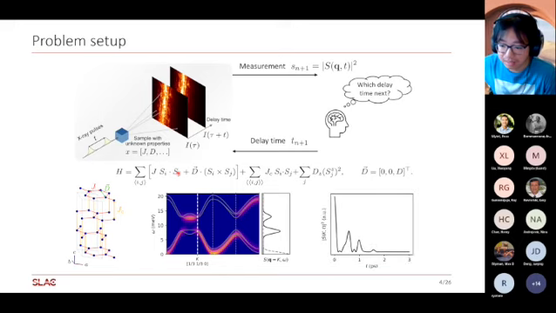Correspondingly, in XPFS, if we align the sample and the detector to measure this K point, we can extract the squared intermediate scattering function, which we denote as this small s, from the intensity correlation function, the G2 function. Basically, this is the G2 function minus 1 divided by the contrast.